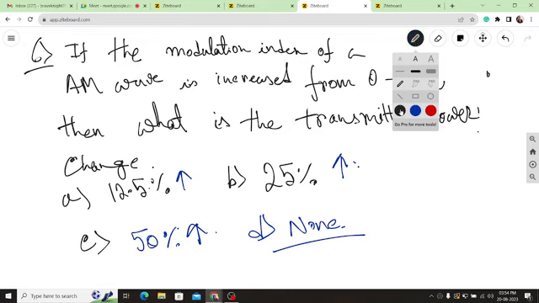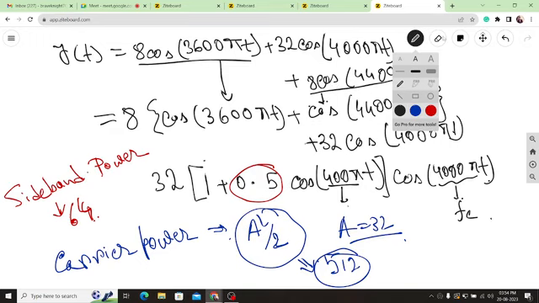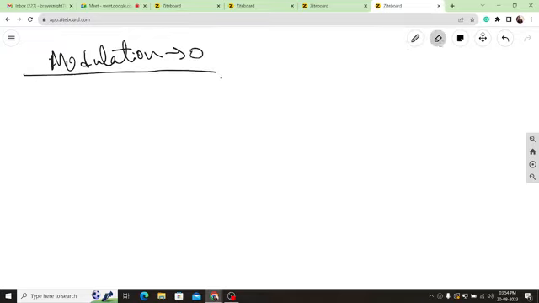Okay, I think nobody has solved this. So when the modulation index is 0, then what is the power? P0 is only the carrier power.